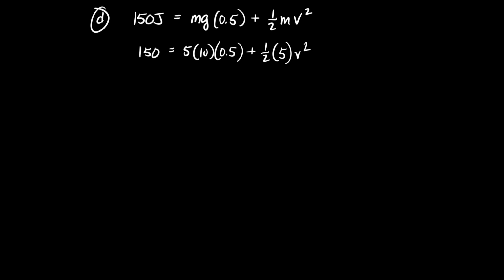Subtract it from the other side, I get 125 equals 1/2 times 5 times V squared. So 250 divided by 5 is 50. So V is the square root of 50. I don't know what that is. 7.1 meters per second. So it's still zooming.